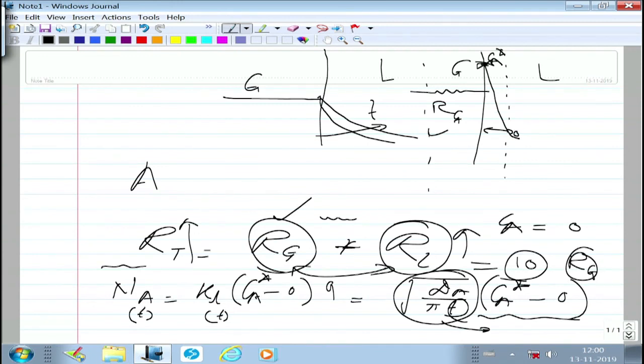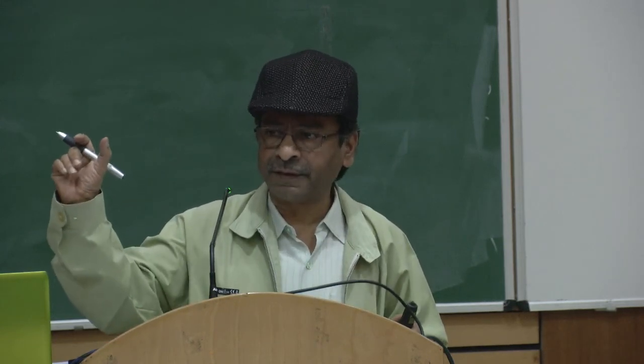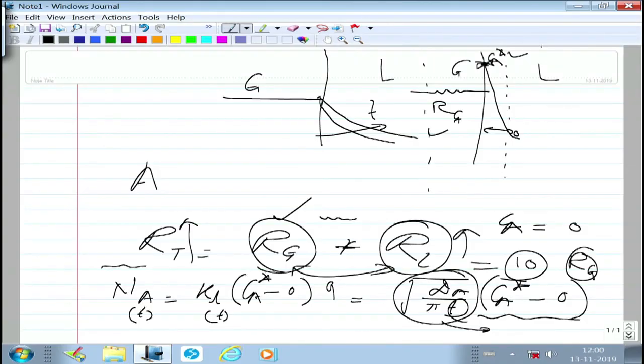In this, I don't talk about the time at all, except for getting this constant resistance. If resistance is constant, equivalent thickness of liquid film offering the same resistance will also be a constant. The driving force is Ca star minus 0, and let's say this Rg is expressed in terms of liquid phase resistance, which I call RGL, equivalent resistance in liquid phase terms. Okay, how will I get this RGL? That was the question.